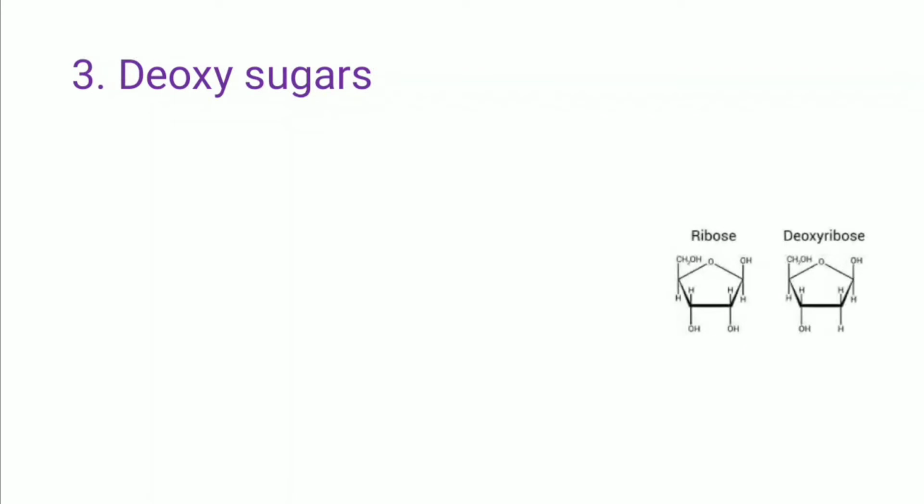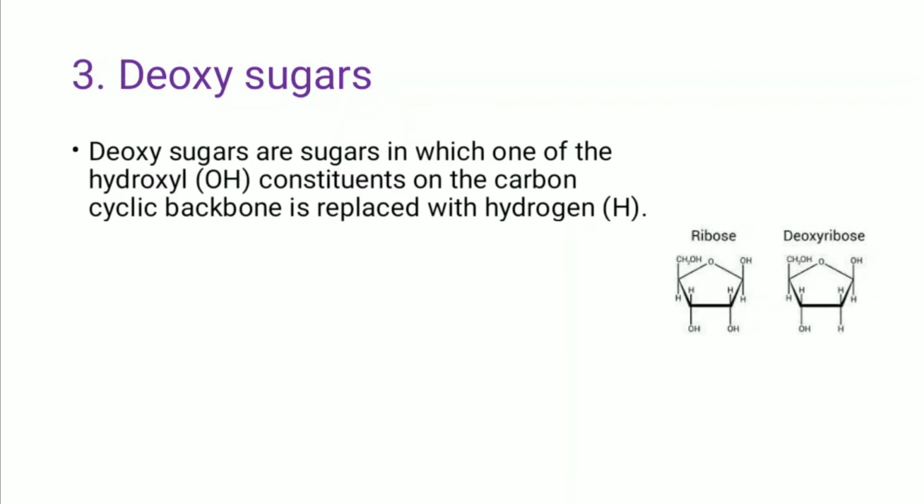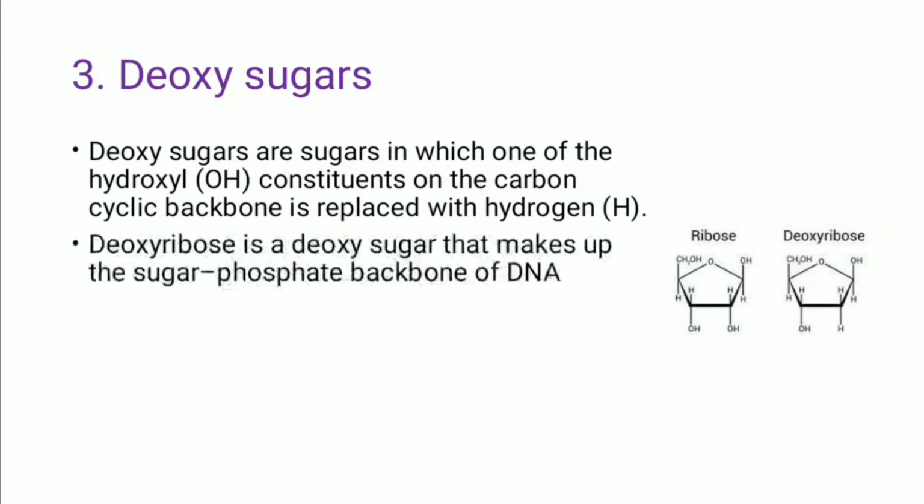This is the example of deoxy sugar: ribose is a monosaccharide sugar which converts into deoxyribose. Deoxy sugars are sugars in which one of the hydroxyl constituents on the carbon backbone is replaced with hydrogen.